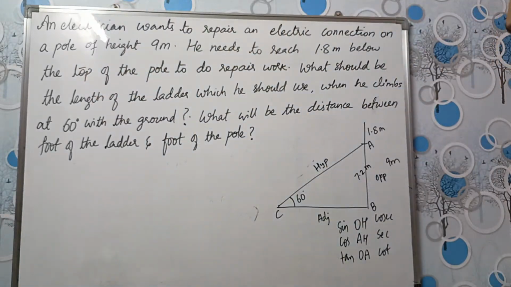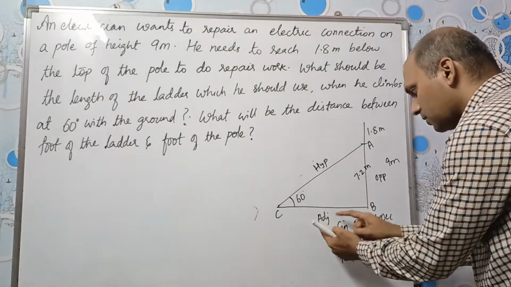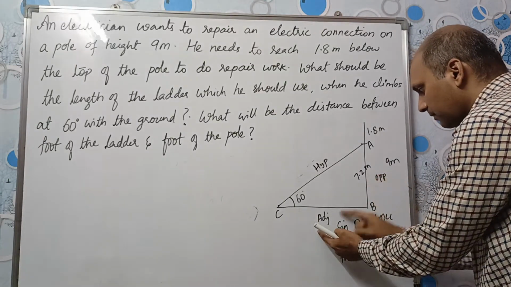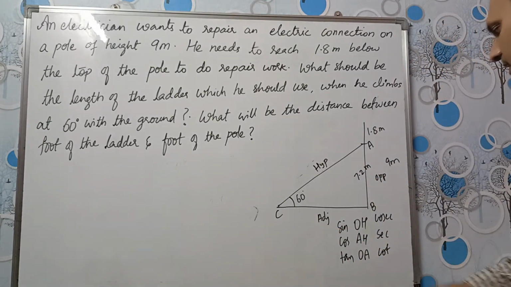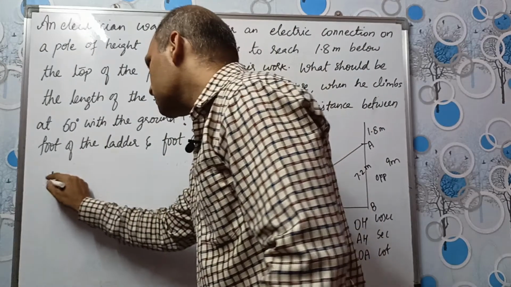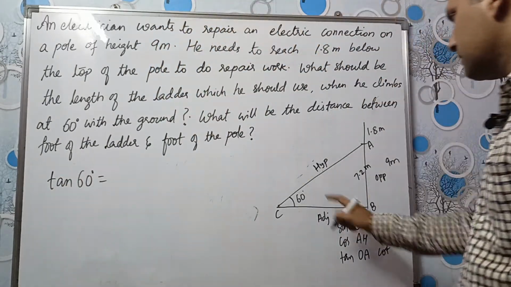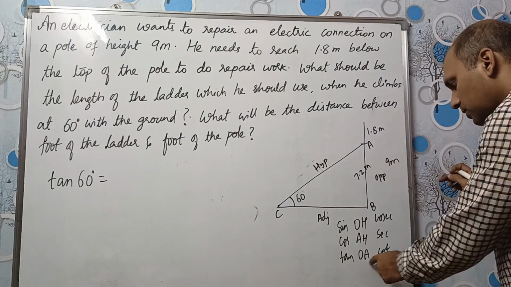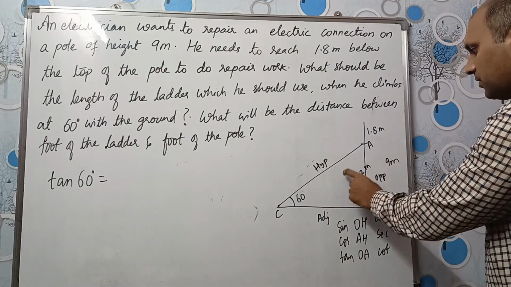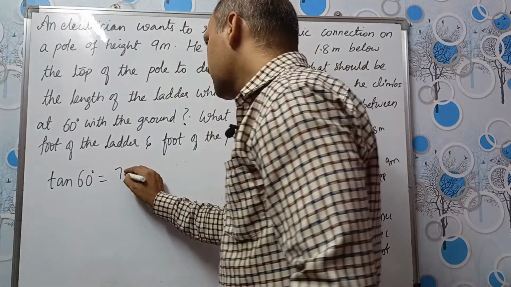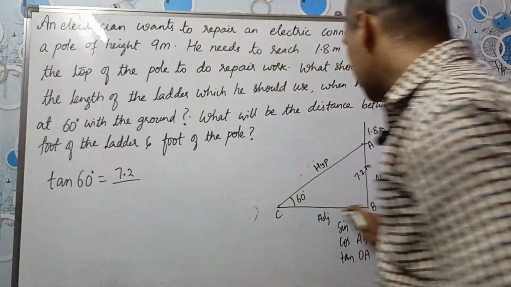Now we need to find the adjacent side. So adjacent and opposite. Adjacent and opposite is in the tan formula, right? Or in cot. So we can either use tan or cot. Let us use tan. Tan 60 is opposite divided by adjacent. Opposite is 7.2, divided by adjacent. Adjacent is BC.